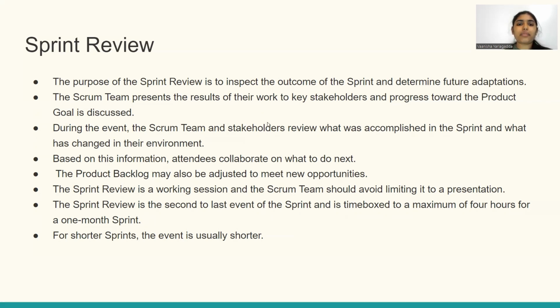During this event, the Scrum team and the stakeholders review what was accomplished in the sprint and what has changed in their environment requirements. The sprint review is the second to last event of the sprint and is time boxed to a maximum of 4 hours for a 1 month sprint. So for shorter sprints, the event is usually shorter.